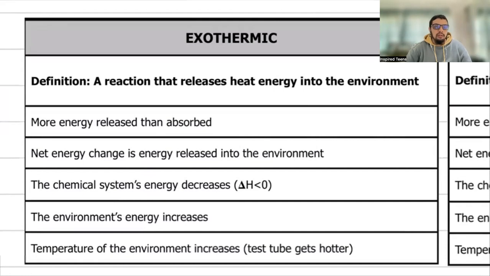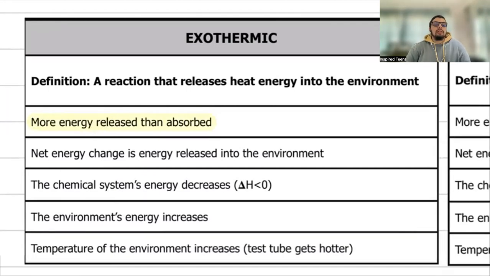So an exothermic reaction releases heat into the environment. More energy is released than absorbed. That's the key concept. There could be energy released and absorbed at the same time, but what distinguishes an exothermic reaction is that there would be more energy released than absorbed.